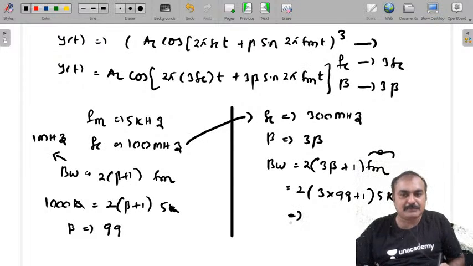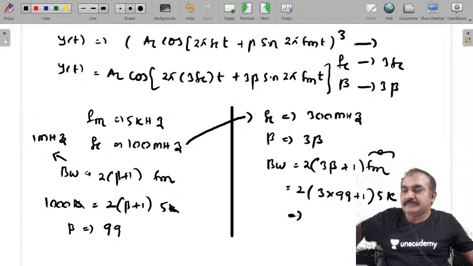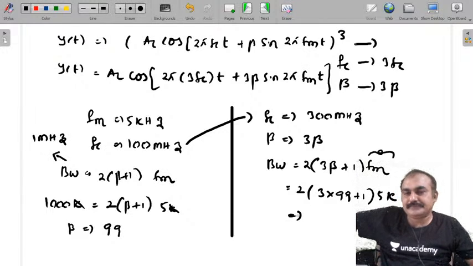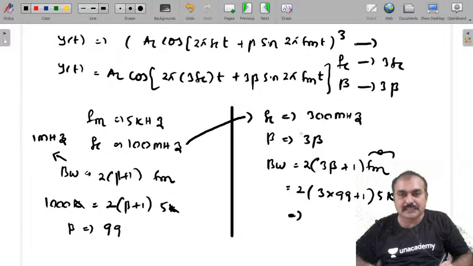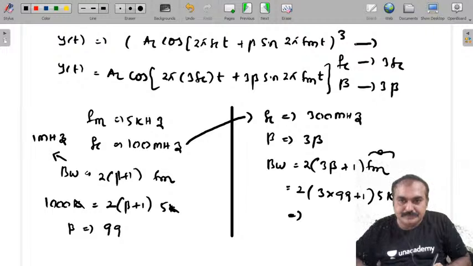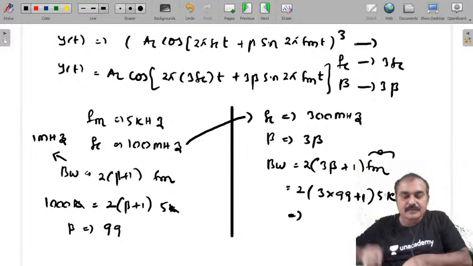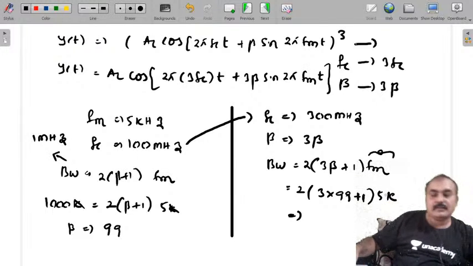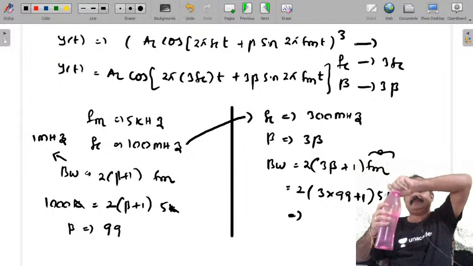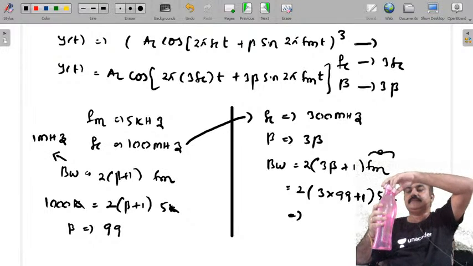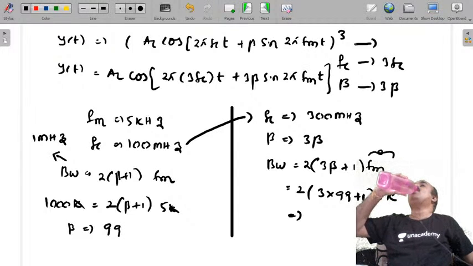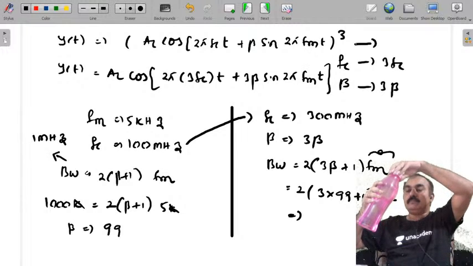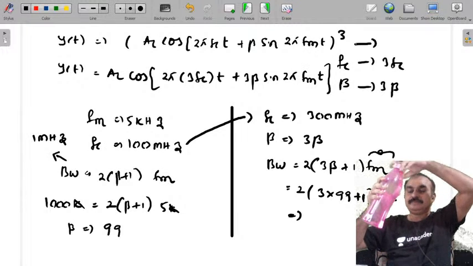Now what is the answer? Tell me the answer, my dear students. Kavita, Vasu, what is the answer?